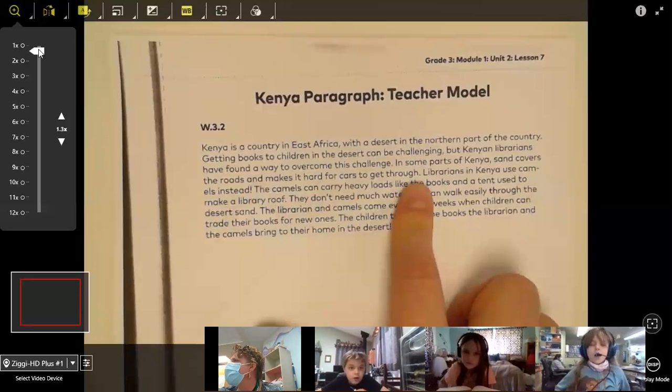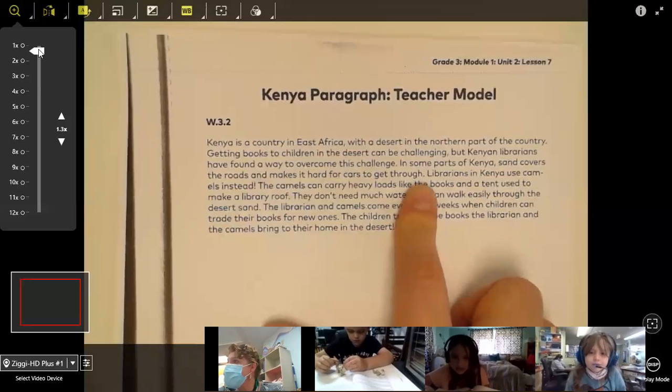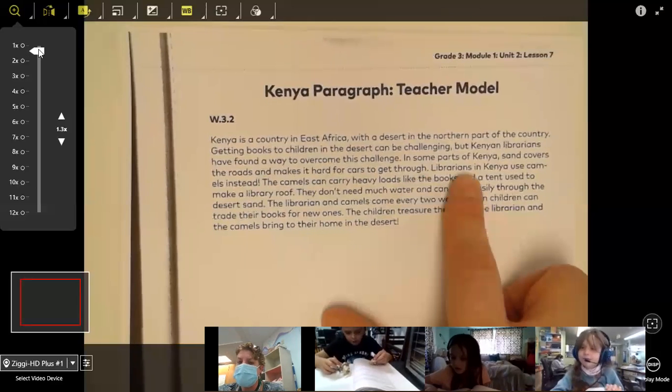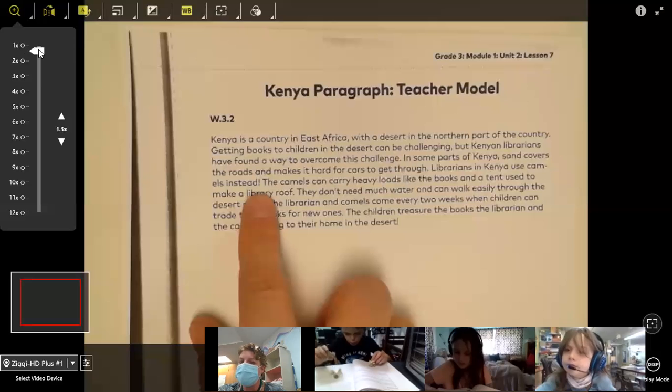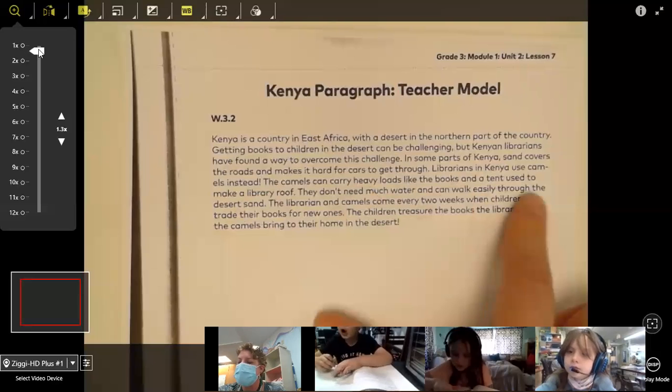Ellie, do you remember? We got it from our text, and then we wrote it in a note catcher on page 38. So a lot of this should sound familiar. Librarians in Kenya use camels instead. The camels can carry heavy loads like the books and a tent used to make a library roof.